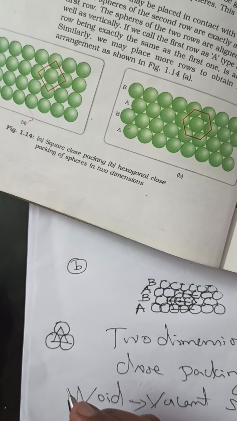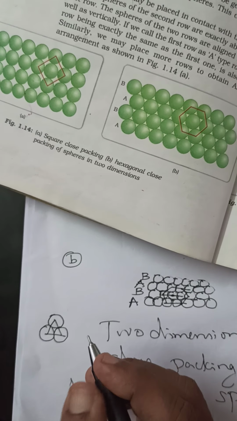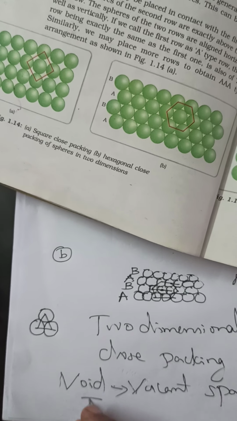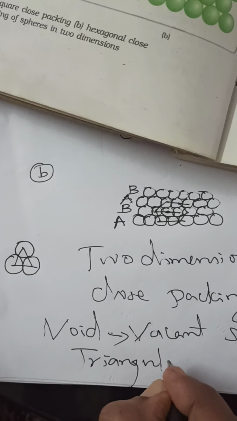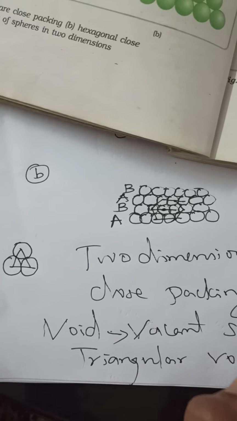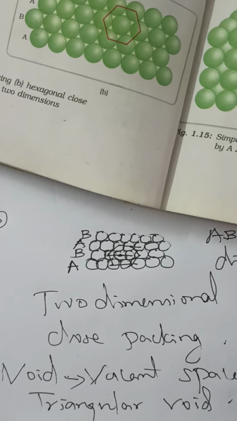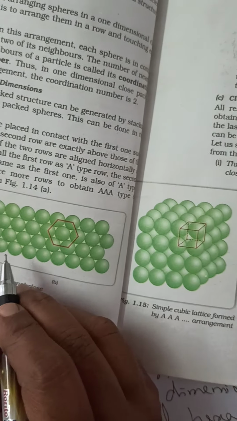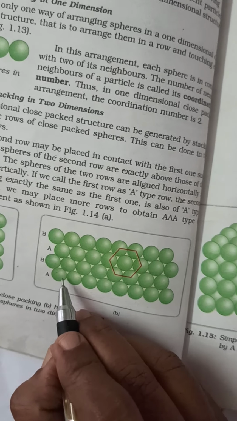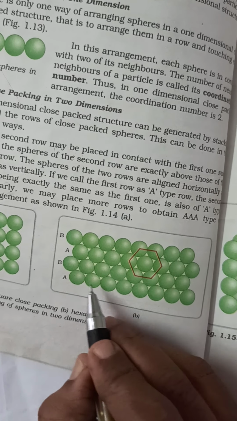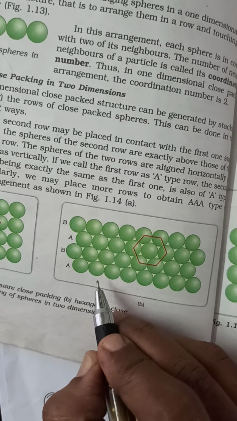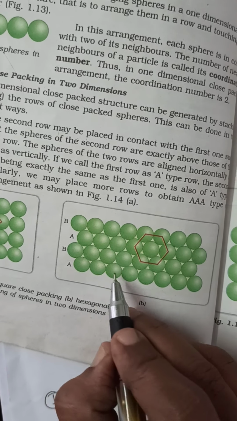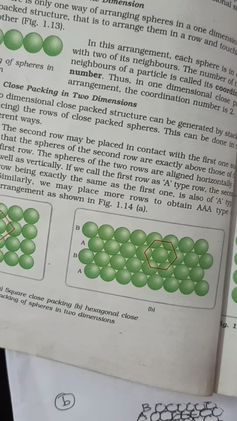Because it is between 3 spheres, it is called a triangular void. You will also be able to see that some triangular voids have their apex in the downward direction, and others have their apex in the upward direction. Two types of triangular voids you will be able to see.